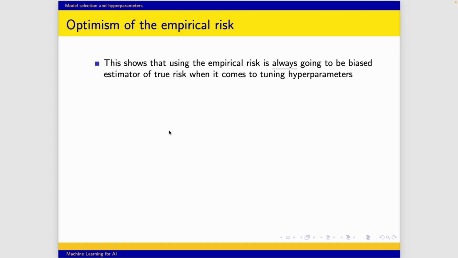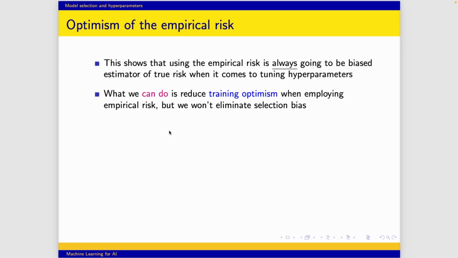The reason for that is the selection bias. The other bias, the optimism bias, we can try to reduce. This is what we focus on in using sampling methods, to try to get rid of, as far as we can, this training optimism.